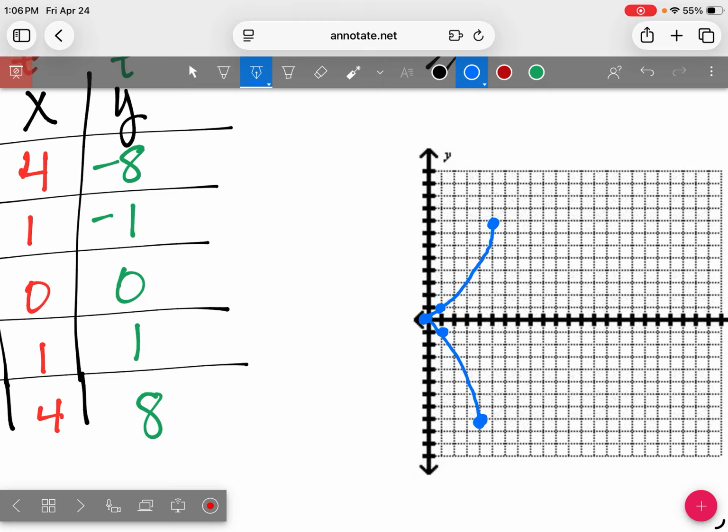Now we just need to add our arrows. Wait. That's not right. Okay, it's right here. Okay.